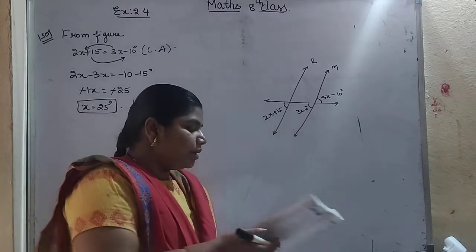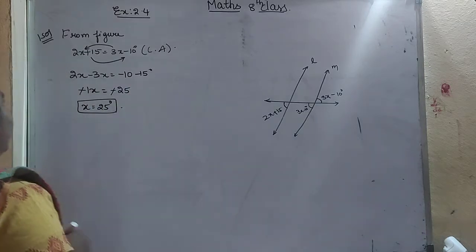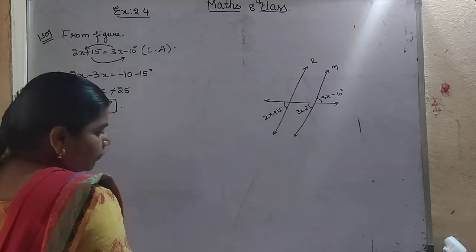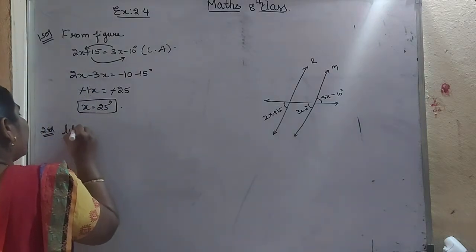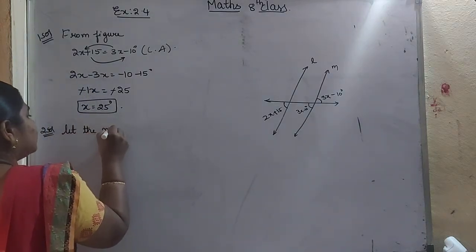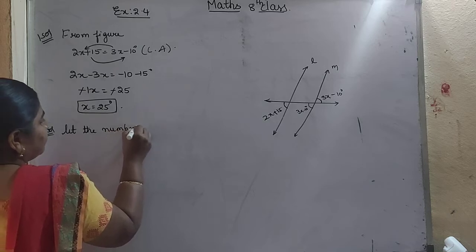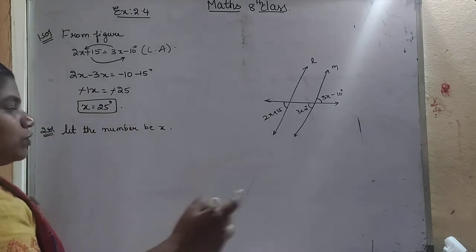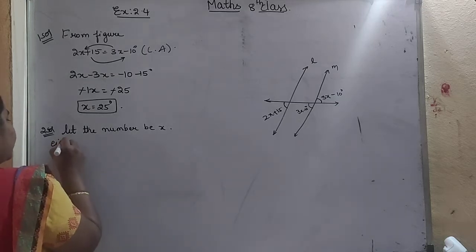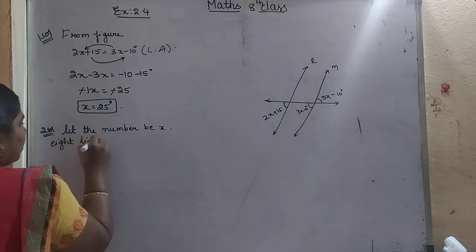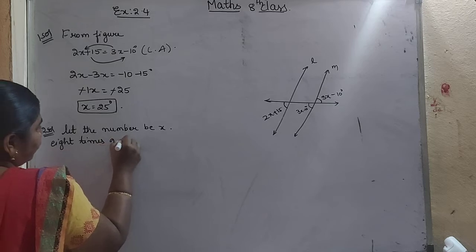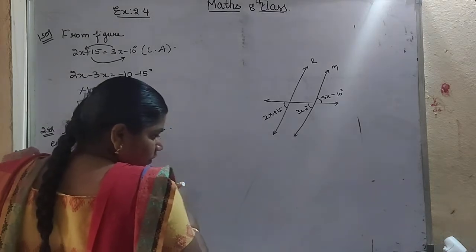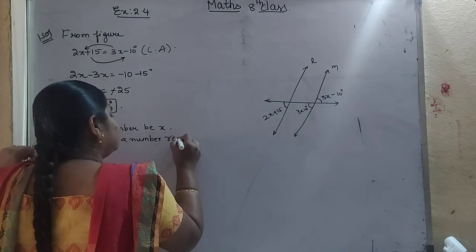So what is that number we have to find? So what they told here, 8 times of a number. So first we have to take, let the number be x. Now they told 8 times of a number, reduced by 10.